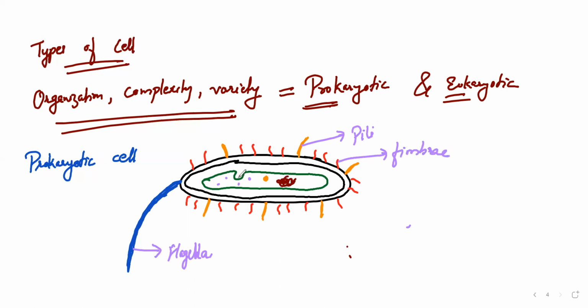Along with it, this structure is called the mesosome. Then these are ribosomes. Plus, it has some food vacuoles.